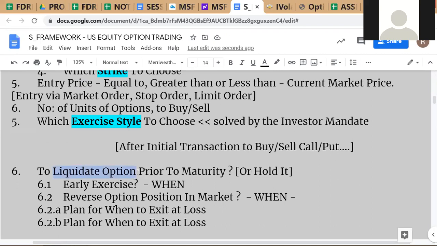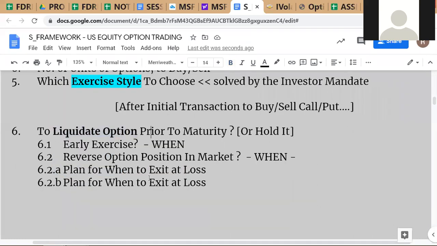I'll just highlight liquidate option. This is understood. Let's only talk about the sub problems.